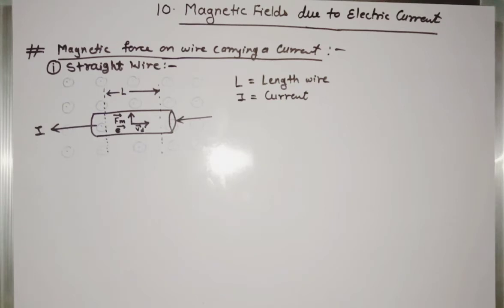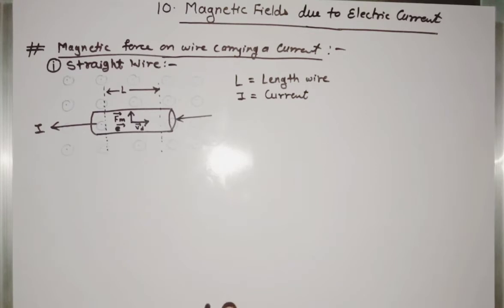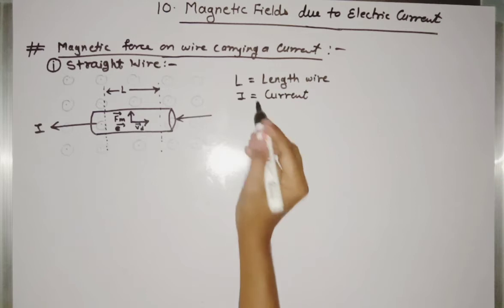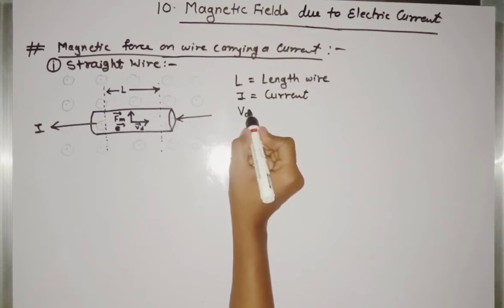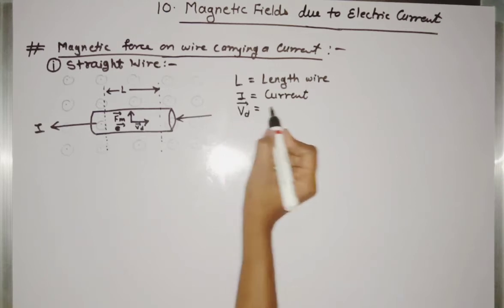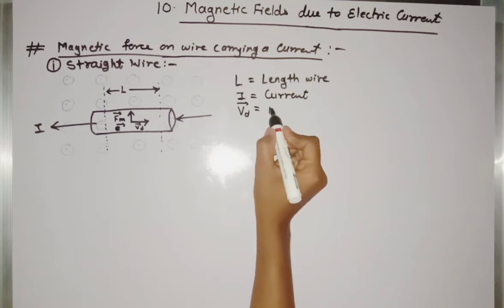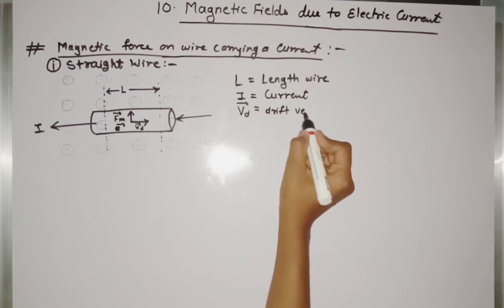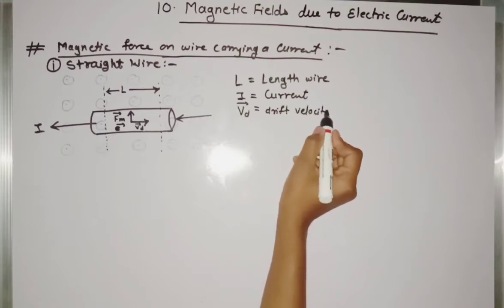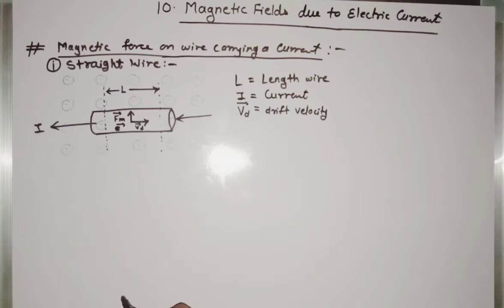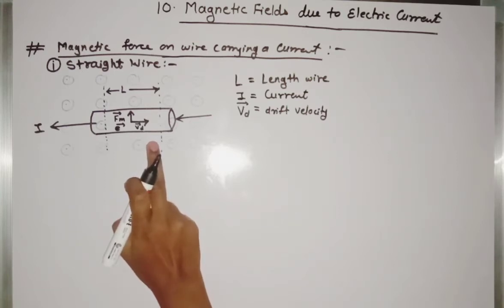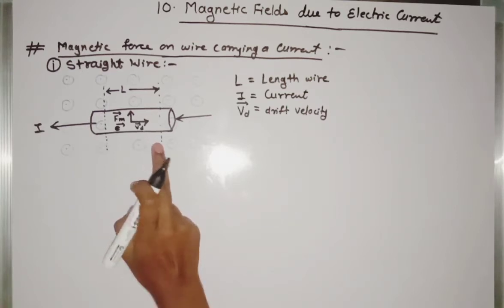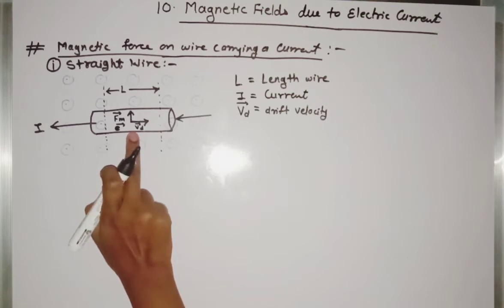This moving charge will definitely have a certain velocity, that is vector v suffix d, the drift velocity of the moving charges through that straight conducting wire, as mentioned in the diagram also.